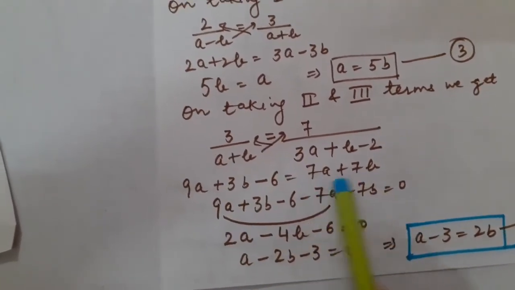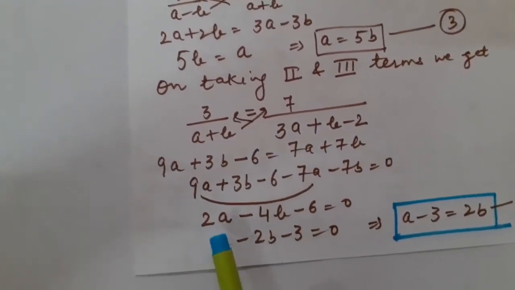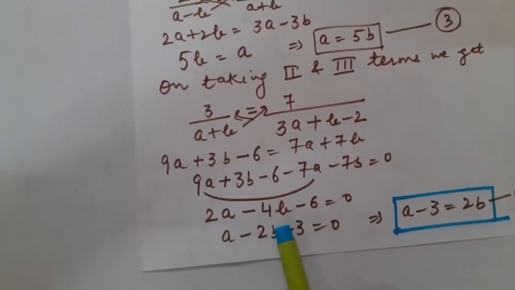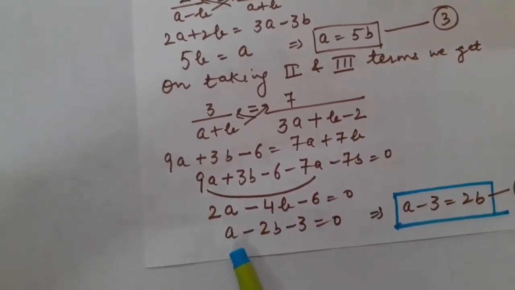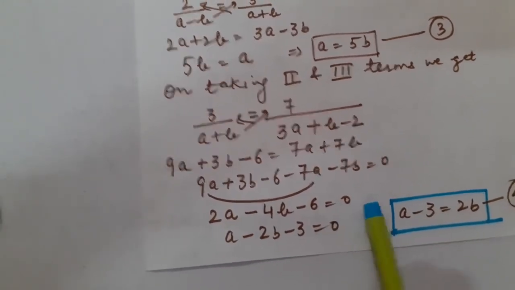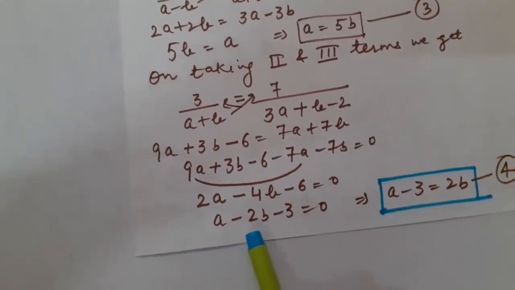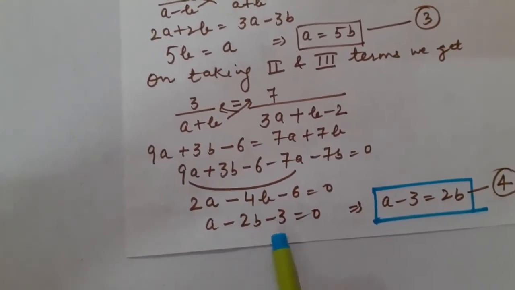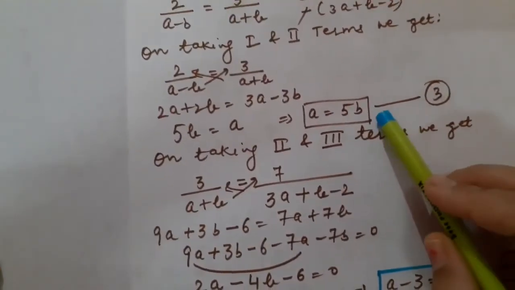After solving, I have brought both the terms over here. After solving the complete expression, children, I have got 2a minus 4b minus 6 is equal to 0. Taking 2 as common, it will become a minus 2b minus 3 is equal to 0, since 0 divided by 2 is 0. So this is a minus 3 is equal to 2b. Understood?